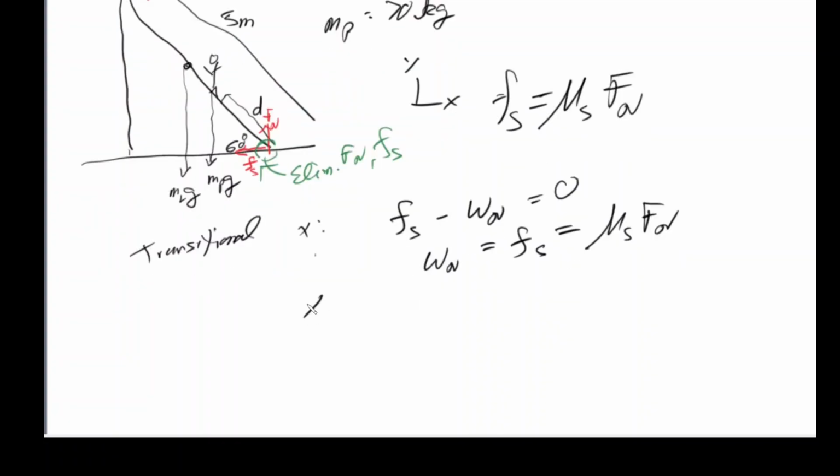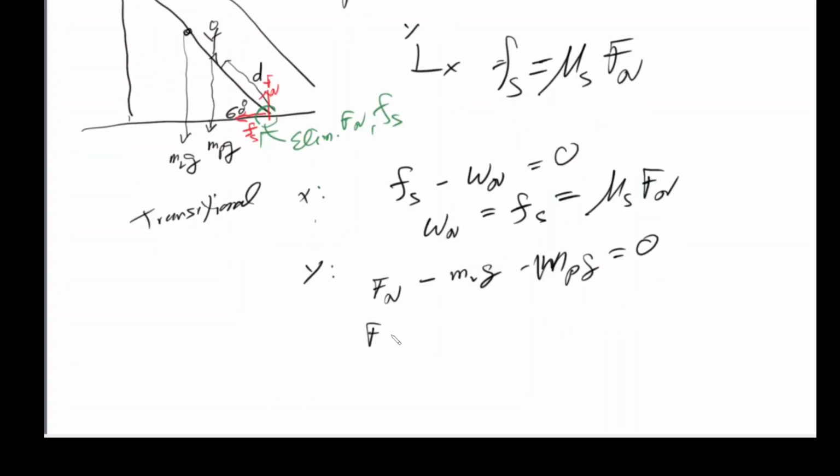Now let's look at what's going on in the y direction. In this case, we have the normal force of the floor pushing up on the ladder minus the weight of the ladder, which is ml times g, minus the weight of the person, which is mp times g, has to equal 0.